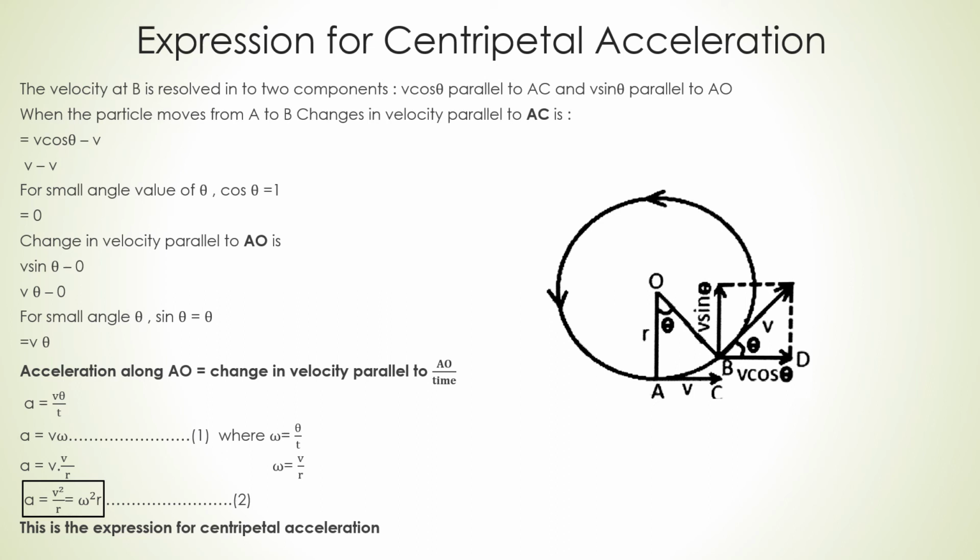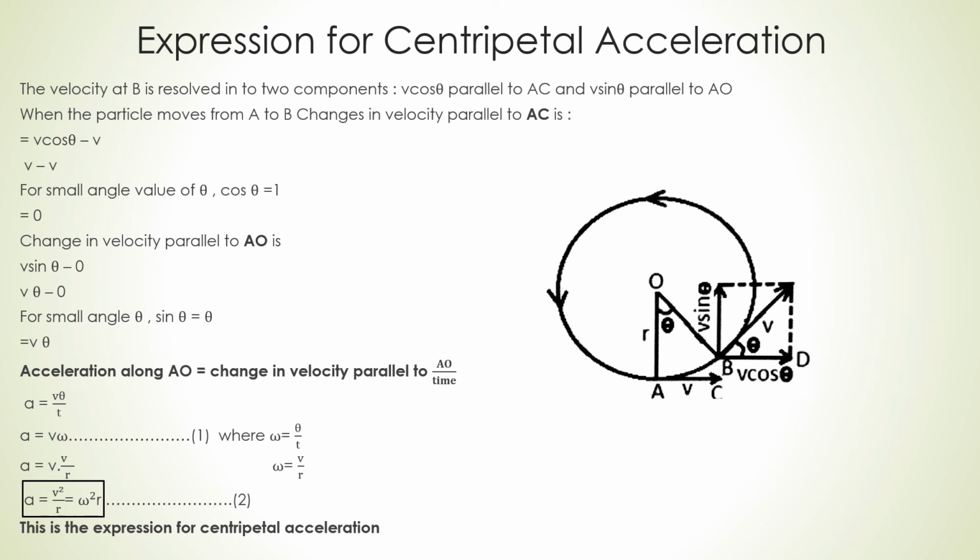Next, we take the acceleration along AO, which is equal to the change in velocity parallel to AO divided by time. That is v theta, so acceleration a is equal to v theta by t, that is time.